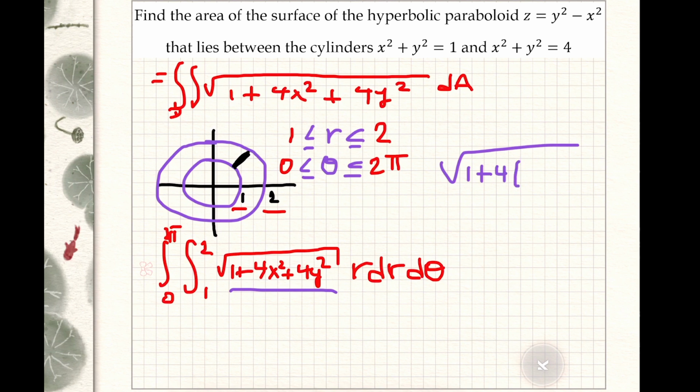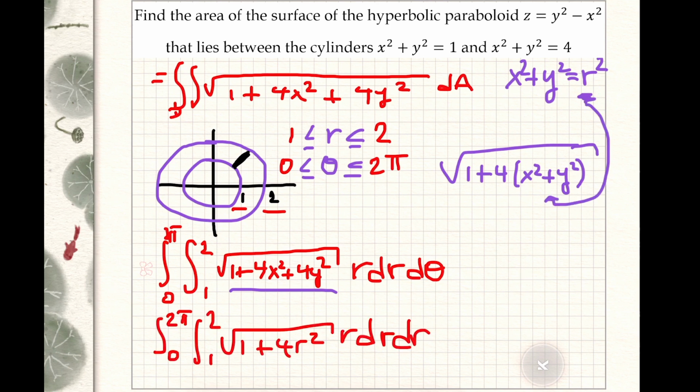So you have x squared plus y squared here in parentheses, and we know that x squared plus y squared equals r squared. So let's replace the r squared right here.